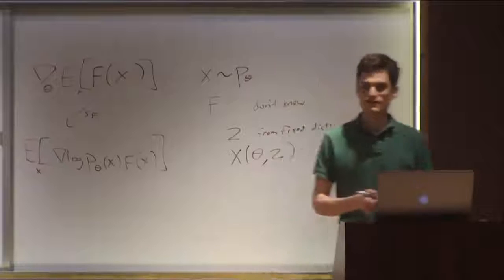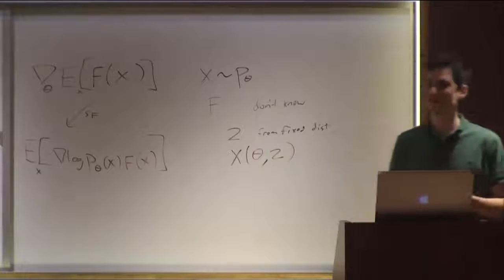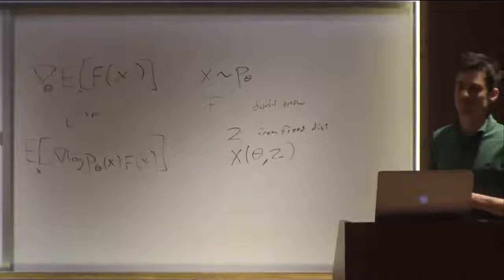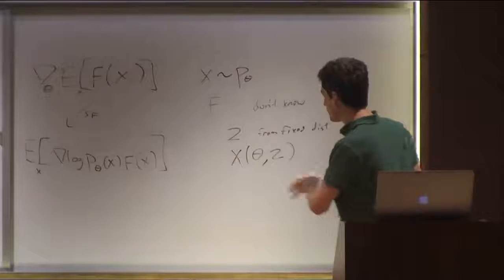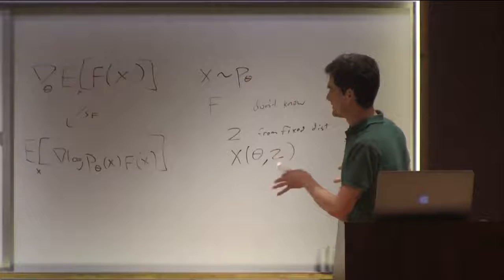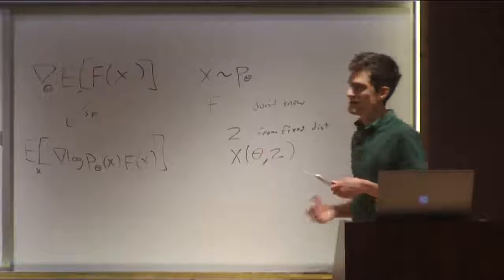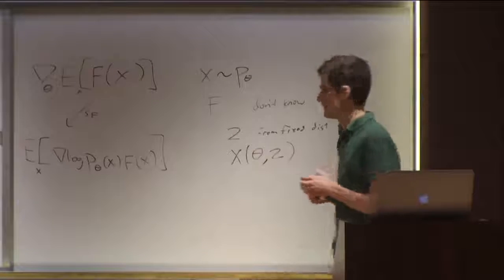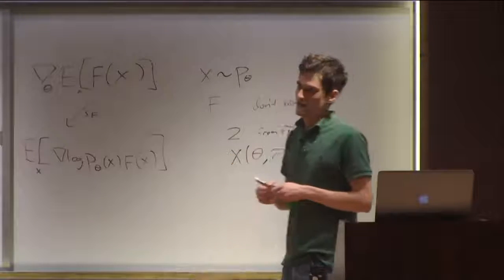And you can do something very similar in the multidimensional case, where you just sample one component at a time using this method. But for the purposes of this discussion, let's just pretend we have a one-dimensional random variable, because that makes it a little simpler to think about. So here, x and z are going to be real numbers.